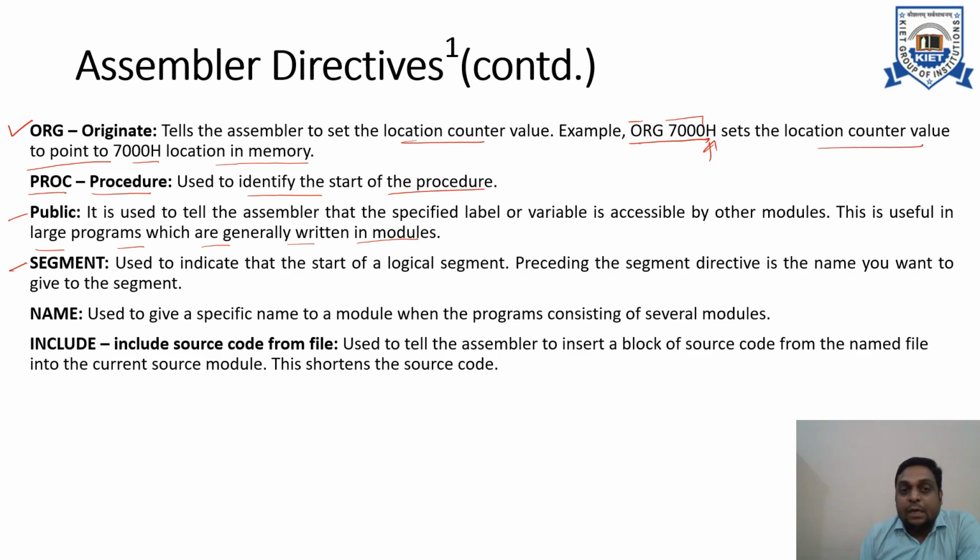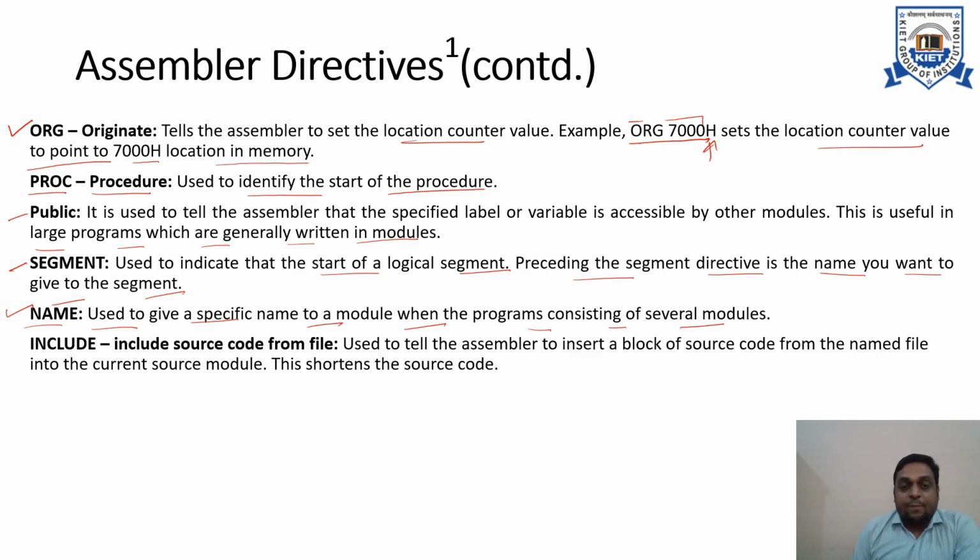Next, segment. It is used to indicate the start of a logical segment. Preceding the segment directive is the name you want to give to the segment. Second last, NAME, used to give a specific name to a module when a program consists of several modules.